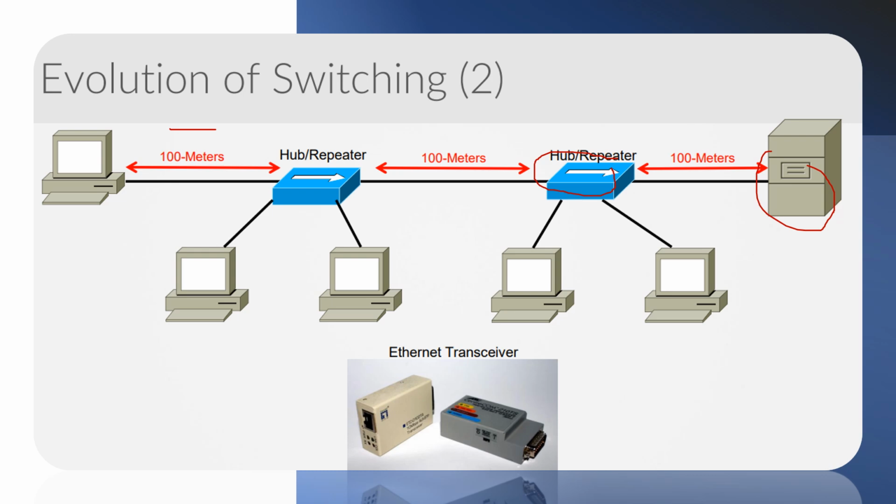We can connect two or more devices which are far away from each other with the help of these hubs and repeaters, with Ethernet, which was previously not possible. But there is a problem in it.